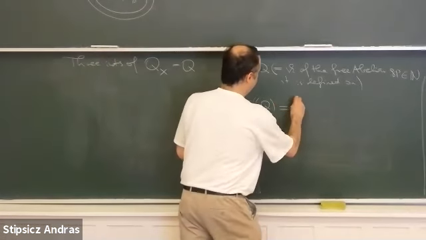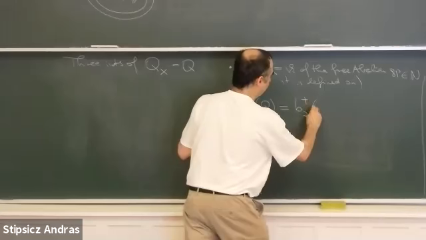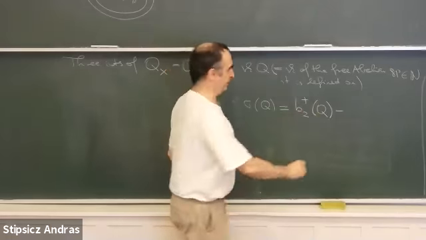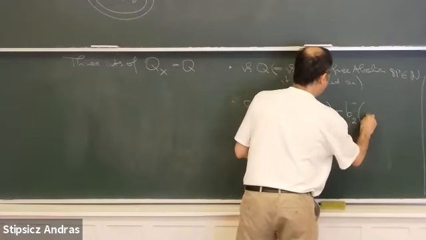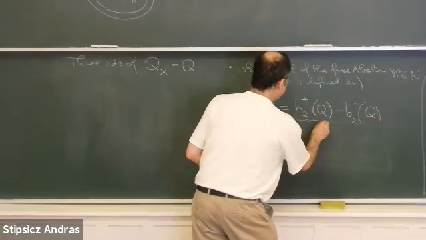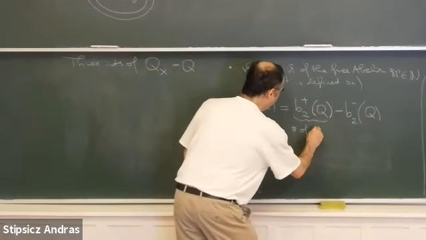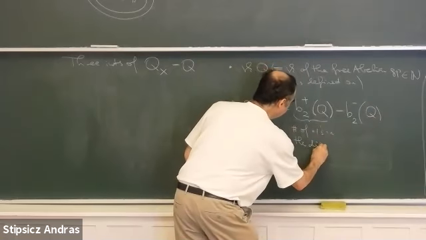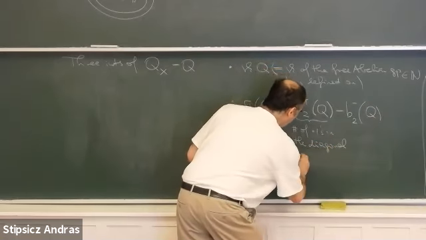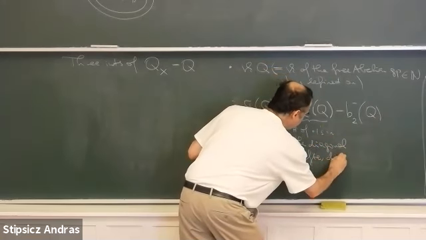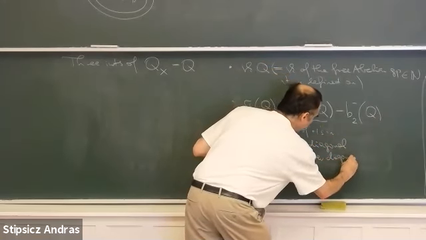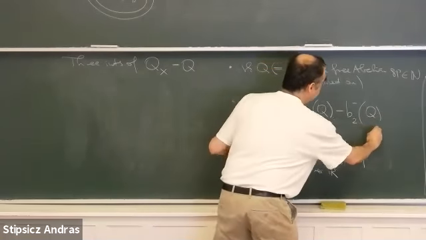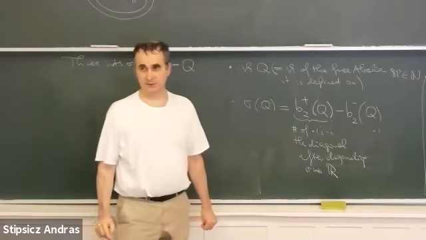And so this is the difference of B2 plus and B2 minus, where this is the number of plus ones in the diagonal after diagonalizing over R. And this is the same, but the number of minus ones.